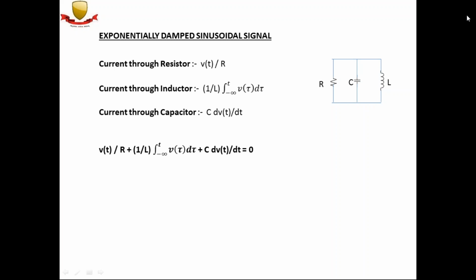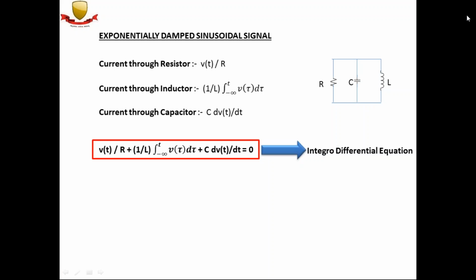You know very well that the sum of all these currents is 0. That is, v(t)/R plus 1/L integral from minus infinity to t of v(tau) d tau plus C dv(t)/dt equals 0, and this kind of equation is called an integro-differential equation.